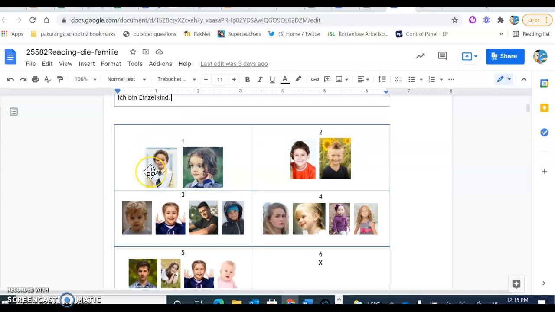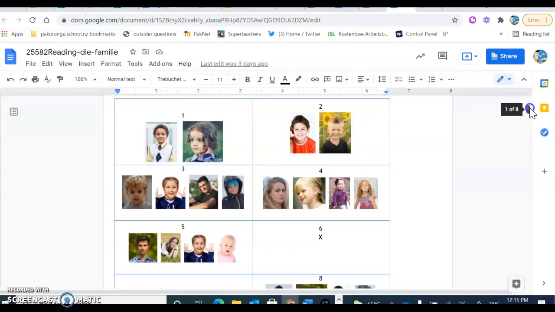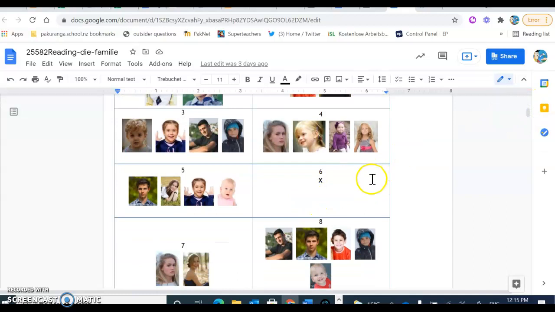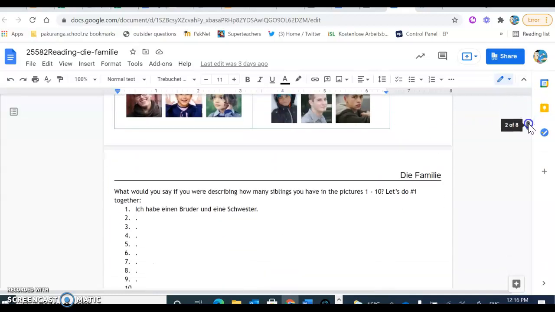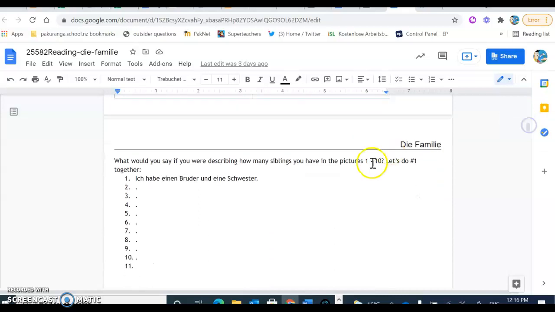Ich habe einen Bruder und eine Schwester. This person here would say, I have got 2 brothers, etc. This one hasn't got anything, so I am an only child, etc. So it goes to 10, so you write what the person would write there.